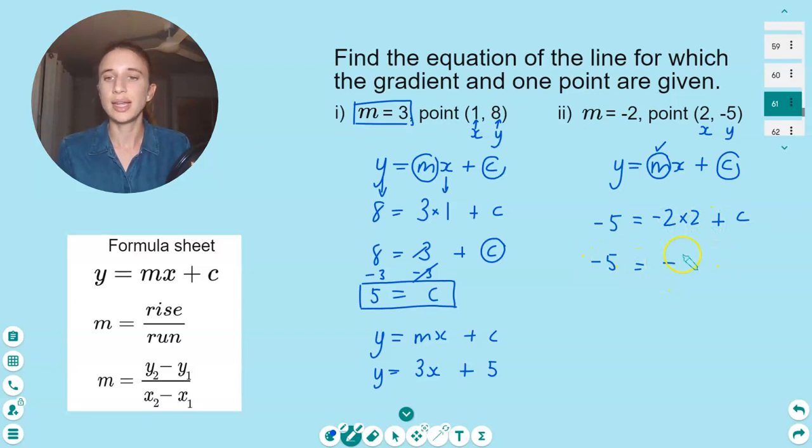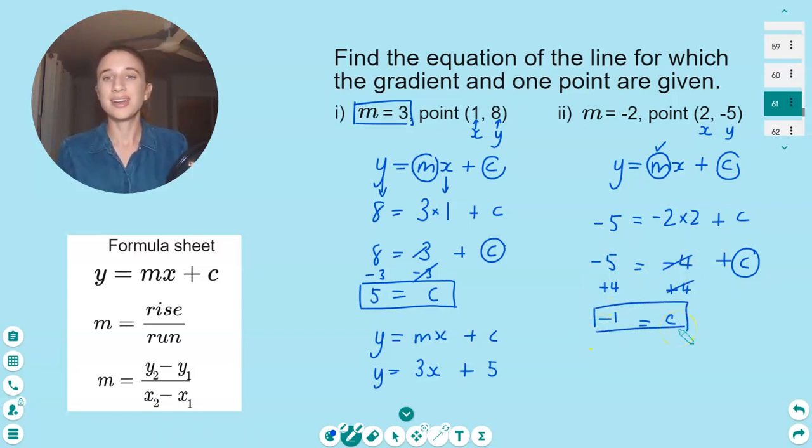Let's simplify a bit on both sides. -2 times 2 is -4. And we can now solve for c. I'm going to get c alone and add 4 to both sides. -5 plus 4 gets us to -1. Those cancel, and we're left with c as -1.